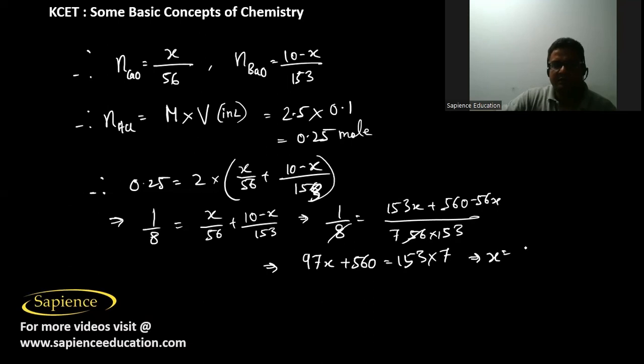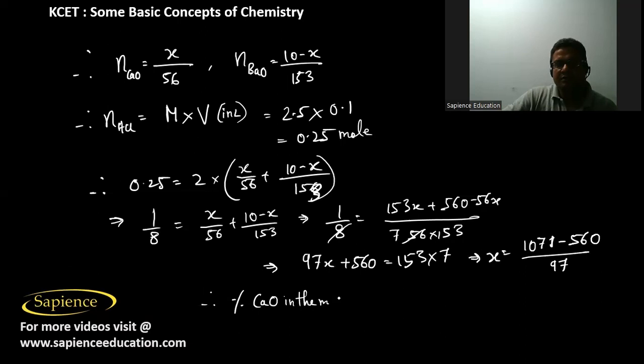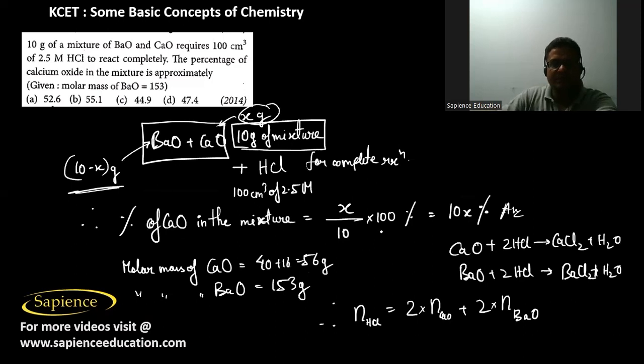So 153 into 7 is 1071, minus 560, divided by 97. Therefore, the required percentage of calcium oxide in the mixture is equal to 10x percent, as we have found, since it is x by 10 into 100.